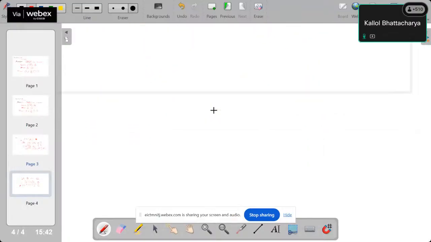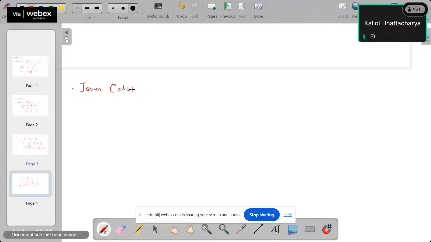From here now we can look into the analysis a little further. This analysis is called Jones calculus, but there is no calculus involved.